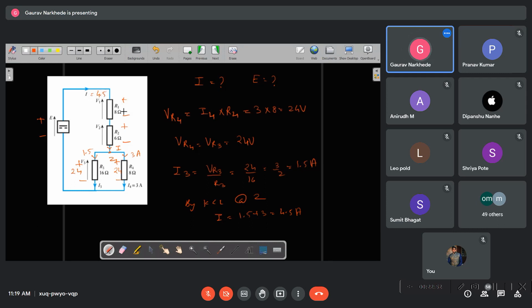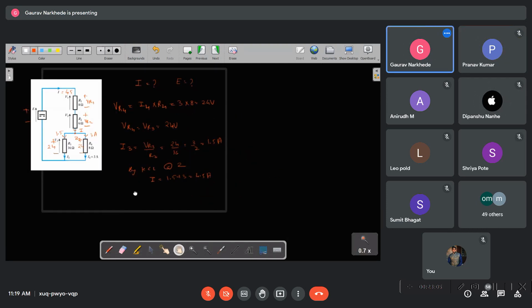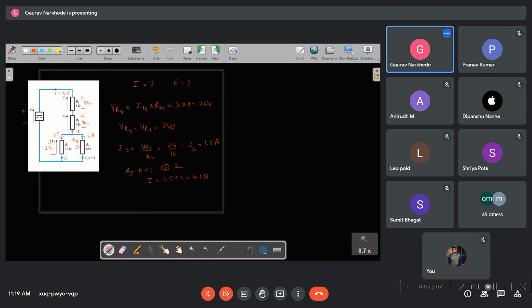4.5 amperes, right? So can I get VR1, and can I get VR2? Yes, sir. So what is VR1? The voltage drop across R1 is nothing but R1 into capital I. So what is that? 8 into 4.5, 36.